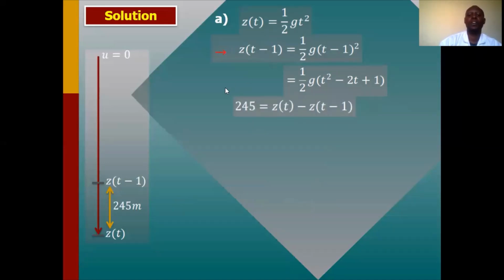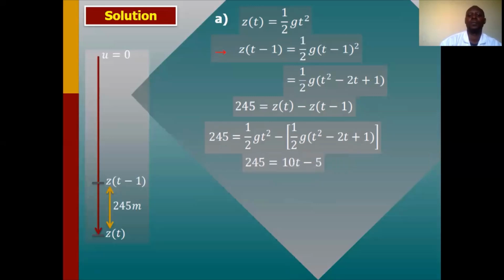So 245 is the distance between the two positions, Z of t and Z of t minus 1. It is the difference between the two. Remember, Z of t is 1 over 2 g t squared, and Z of t minus 1 is this one.